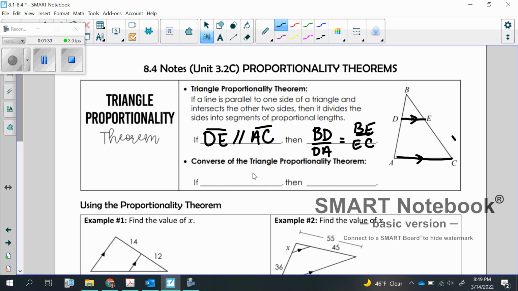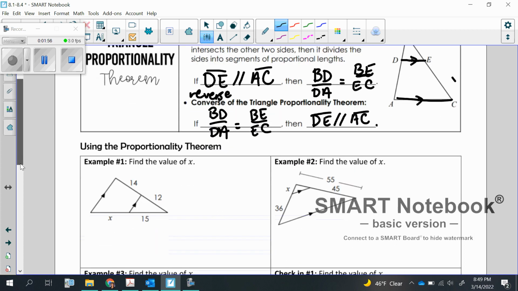The converse, remember, converse is kind of like the reverse. It's in the opposite order. So we just say if BD over DA is equal to BE over EC, then that means those two pieces, DE and AC, are parallel to one another. Remember, it's kind of like the reverse. So it kind of goes in the backwards direction.